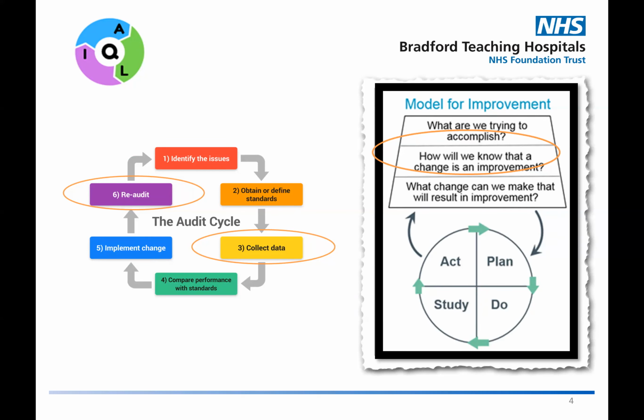Changes are also tested prior to being implemented and evidenced by continuously collecting data. These changes are much easier to replicate because we know they have led to an improvement. Remember, all improvements are changes, but not all changes are improvements.